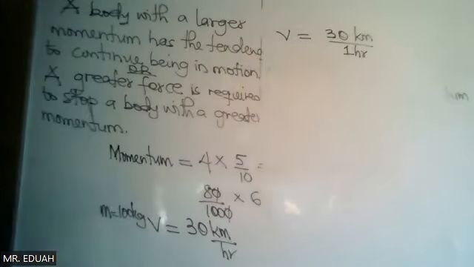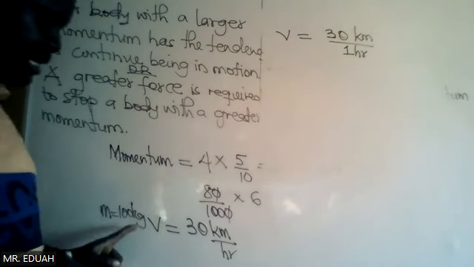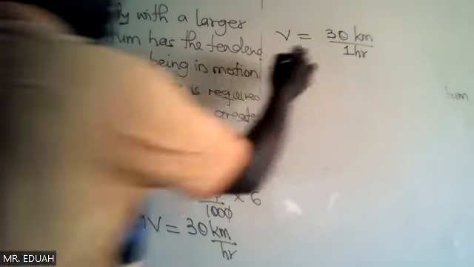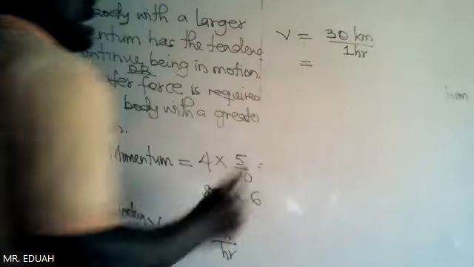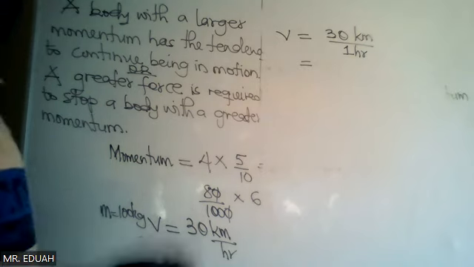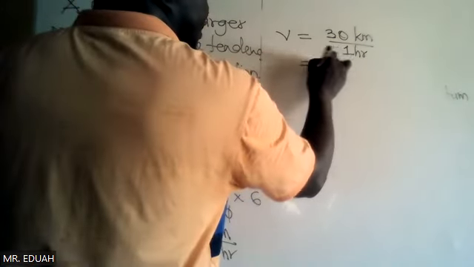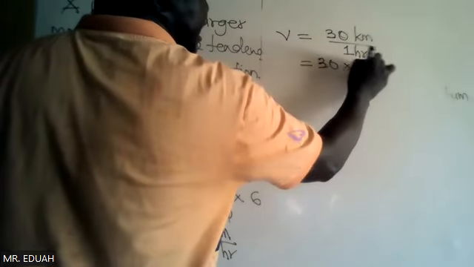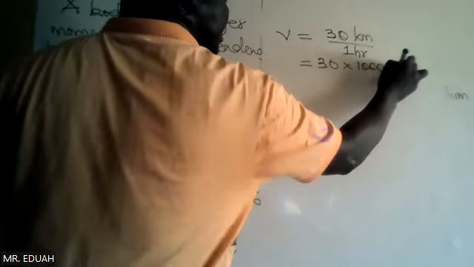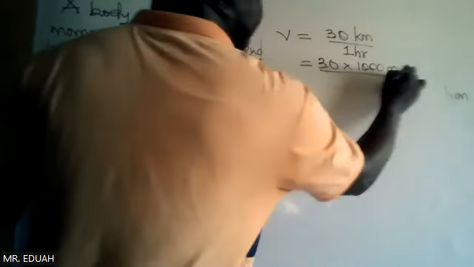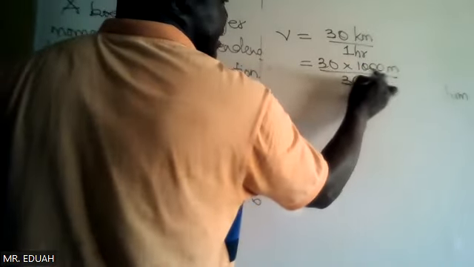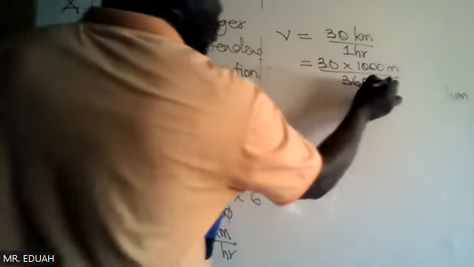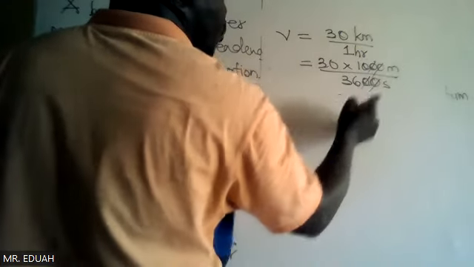Since the mass is given in kilogram, we must change the velocity too. So we change 30 kilometer to meter, and 1 kilometer is equal to 1,000 meter, and 1 hour is equal to 3,600 seconds.